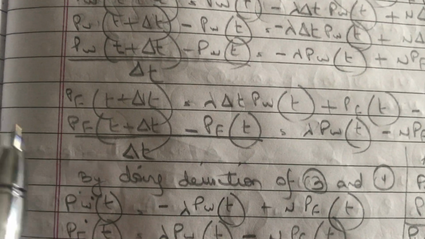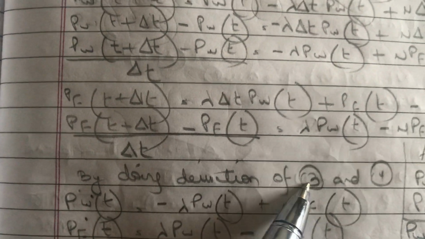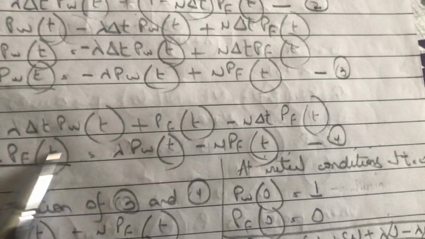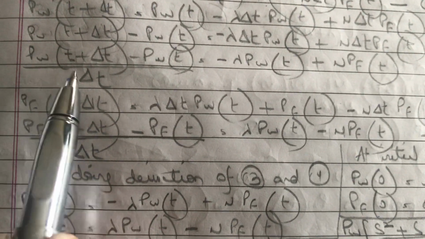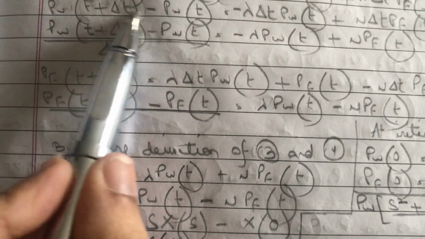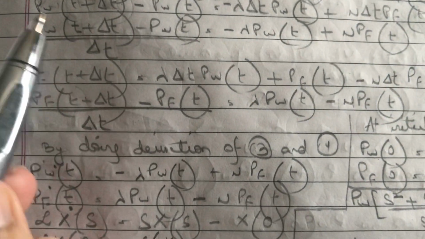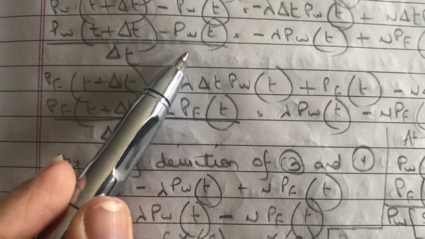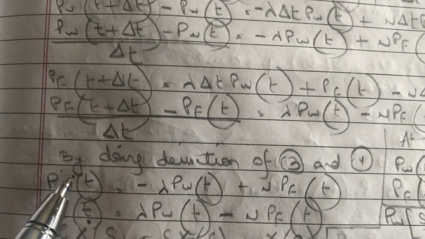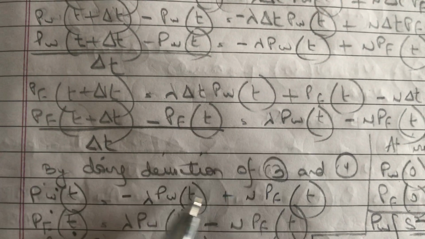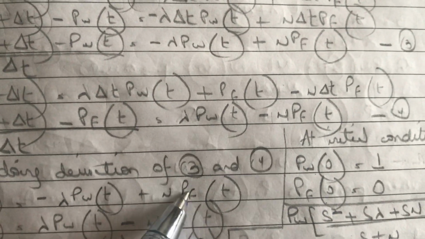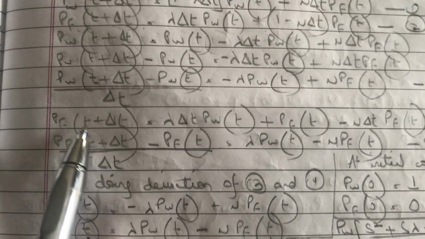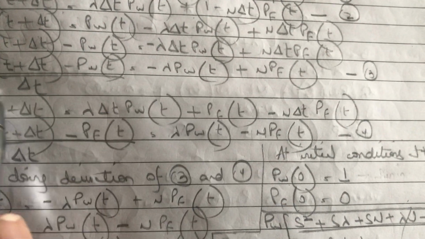Now we will be doing the derivation of 3 and 4. So here it is equation 3 and here it is equation 4. We have to differentiate them. By differentiating these equations, this delta t will be finished. Okay, so by doing our derivation, you know what derivation is and you know how to do it. Here is equation 3.